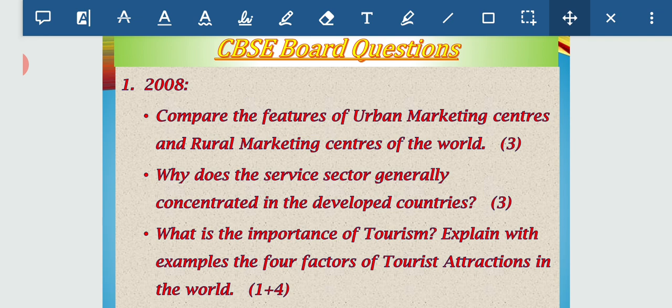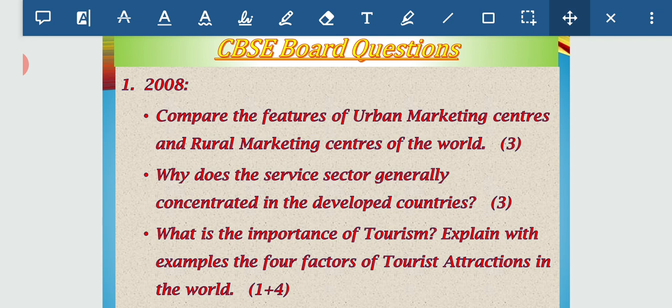In rural centers, professional and personal services are not so well developed, but in urban centers they are quite well developed, because we can get the services of teachers, doctors, lawyers and financial advisors. Lastly, rural marketing centers just meet the needs of the local rural areas, and urban marketing centers fulfill the needs and demands of wide urbanized areas.